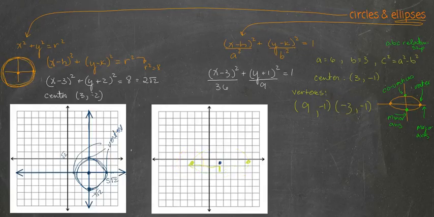So I've now located my vertices, so I can erase all of this other gobbledygook and put in the actual coordinates of the vertices. So 9, -1. So I'm at 2, 4, 6, 8, 9, and -1. And then -3, -1. And that kind of looks good, doesn't it? It looks like it's equidistant from the center.